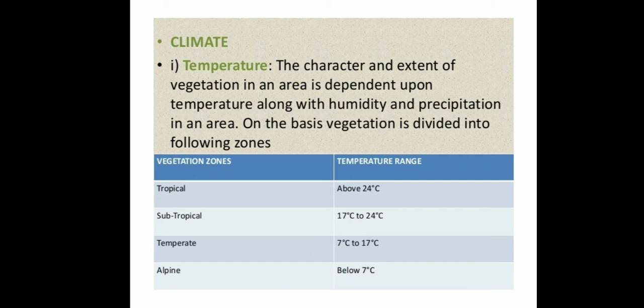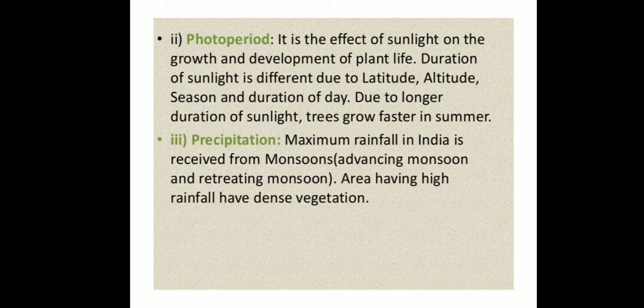Here they have shown that in the tropical zone the temperature is above 24 degrees, in subtropical it is between 17 to 24 degrees, in temperate it is 7 to 17 degrees, and in alpine it is below 7 degrees. So according to the temperature range, the natural vegetation is found.